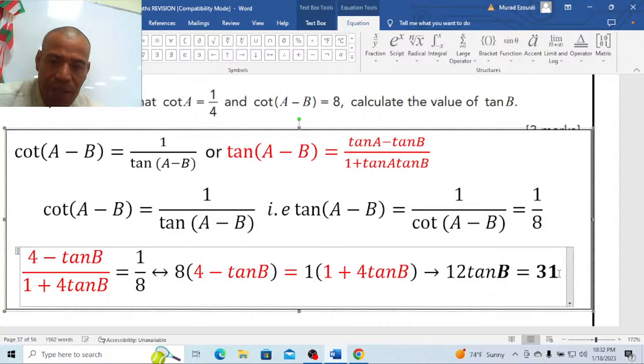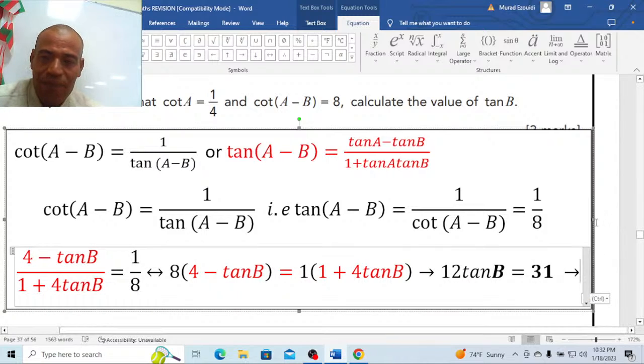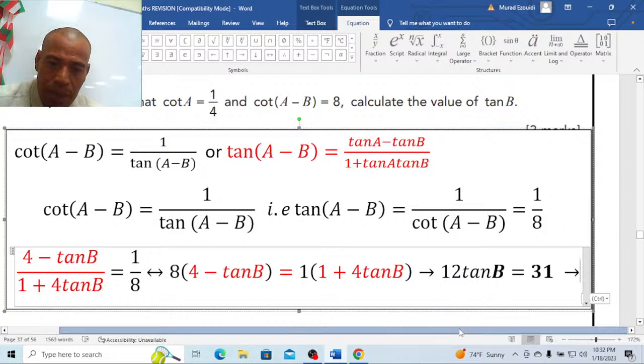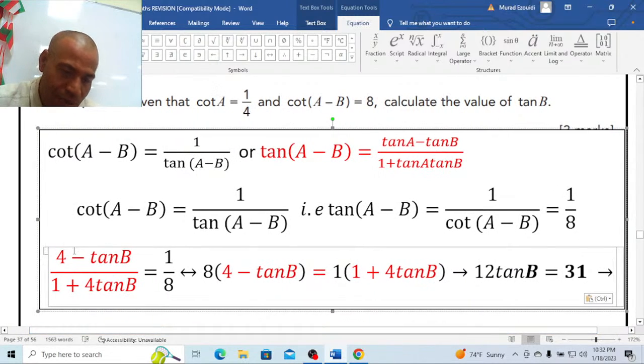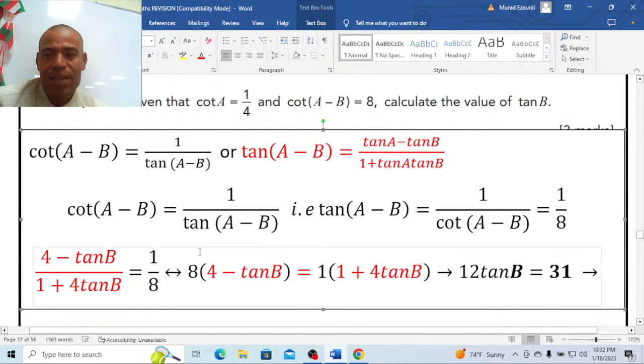Therefore, we said the tangent of B is in fact equal to, I will extend this one so that I can find the space at least.